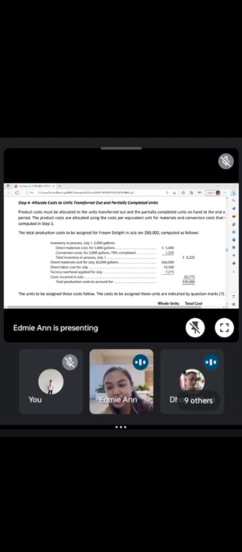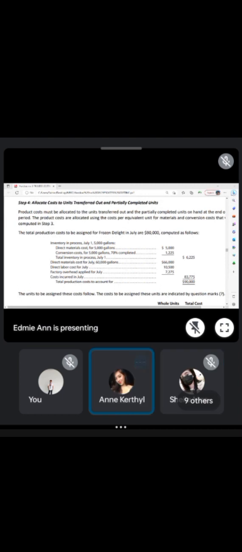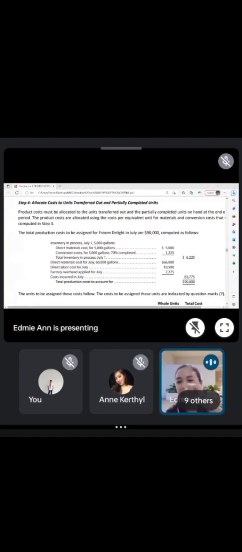Gallons siya. Unsa tong 60,000? Katong gi-mention ganina. Dili siya total direct materials. Katong kuan ma'am, started and completed. Pila man tong started and completed?